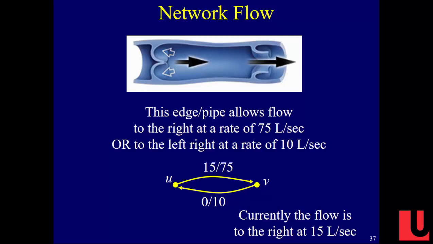We can have 10 this way. But we already have 15 this way. So how much can I change it in this direction? 25. So everybody see what we're doing is we're changing it this direction, we're undoing this flow of 15. Right? By changing it in this direction, we're decreasing this flow to 0. And then we increase it by another 10 in the other direction, which is a total of 25.